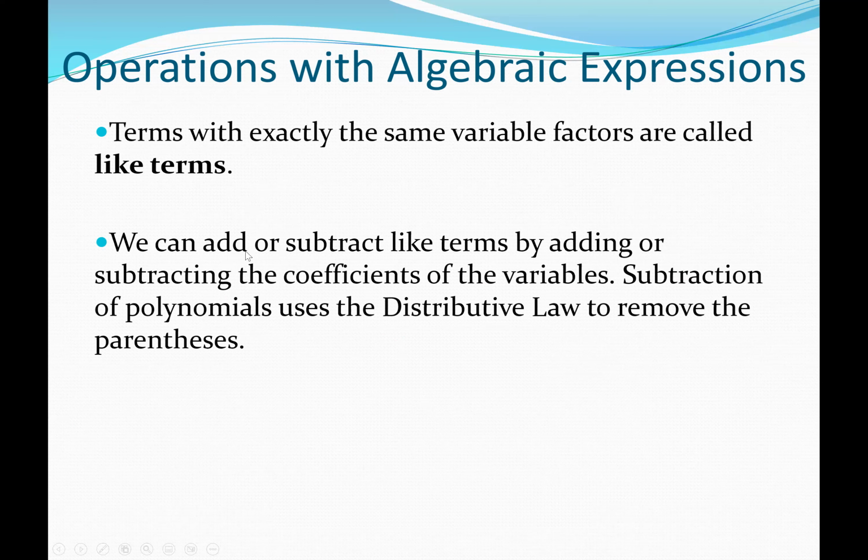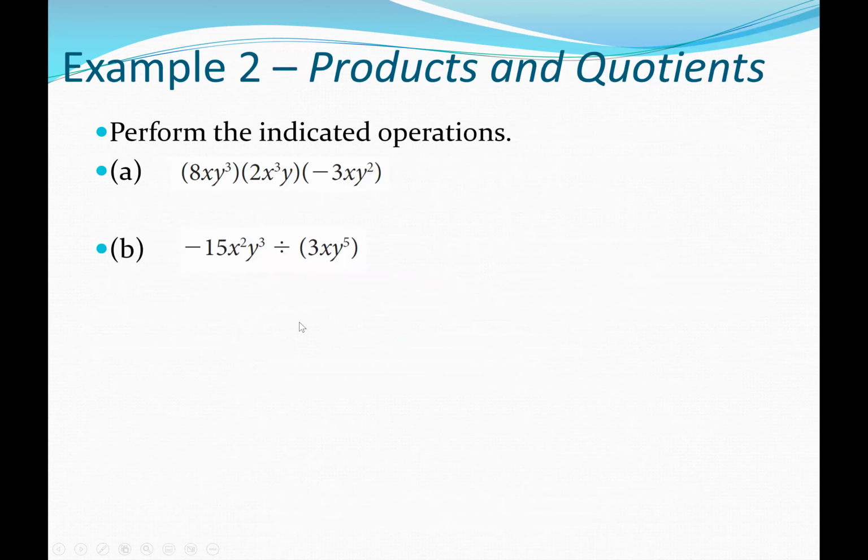So when we are doing addition or subtraction of polynomials, the like terms can be combined together. If it's addition, we add them together. If it's subtraction, we find the difference. So that's the rule for addition and also subtraction of polynomial functions: the like terms can be combined together.